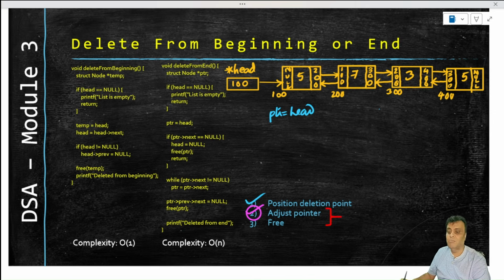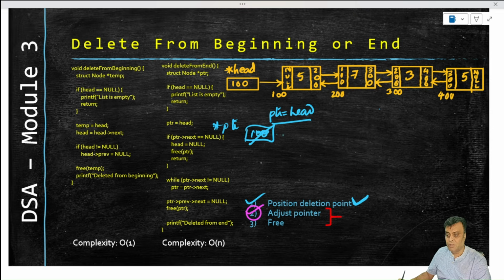In this case, we take a pointer variable. What are we doing here? We are trying to position the deletion point. So positioning of the deletion point means I take a pointer variable, and pointer is equal to 100. So our pointer is now pointing to 100.